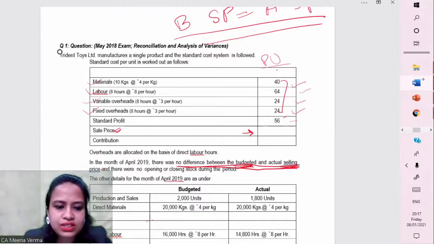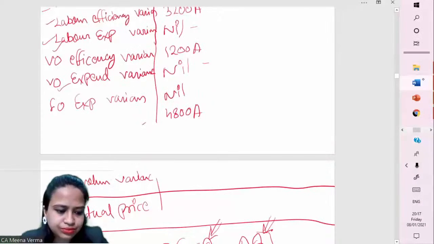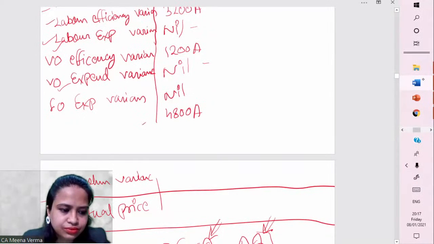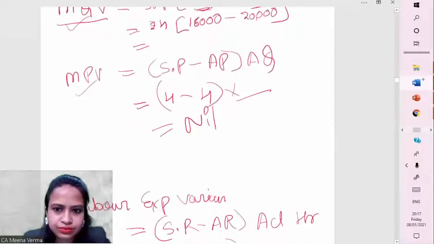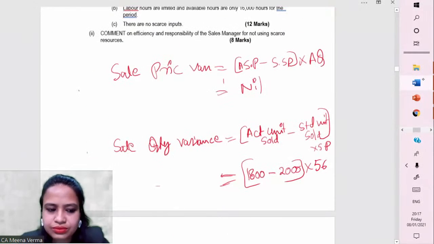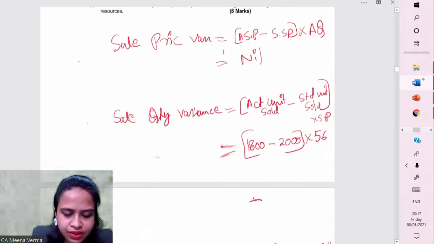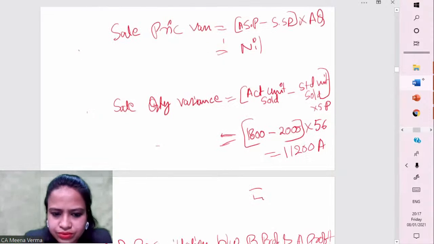So you can calculate this selling price and you can calculate the value. Calculate it. Okay, and this value will come as 11200 adverse.